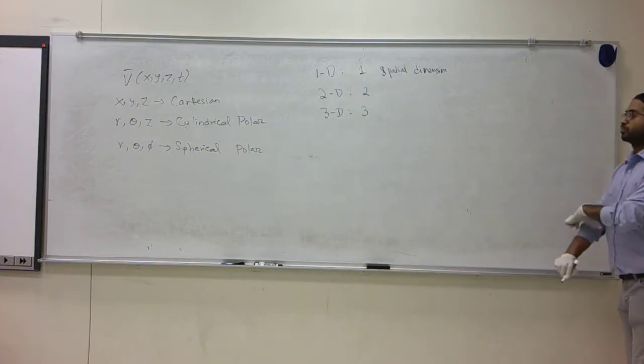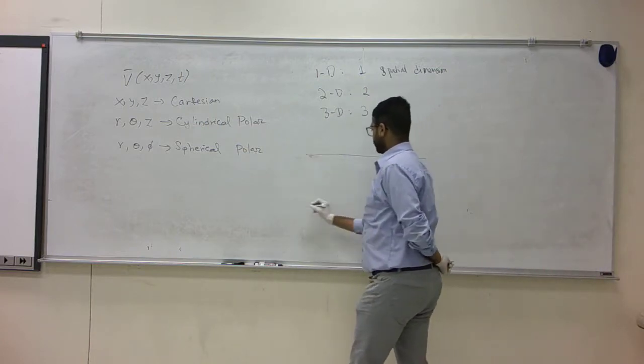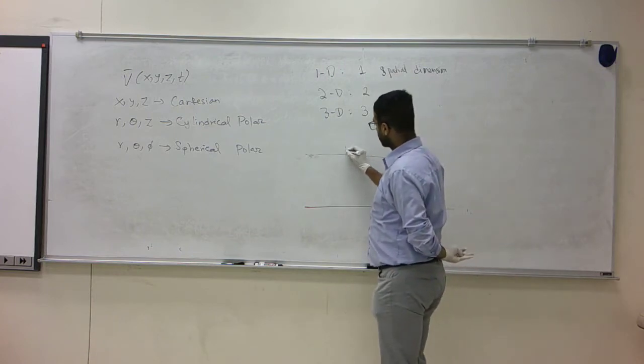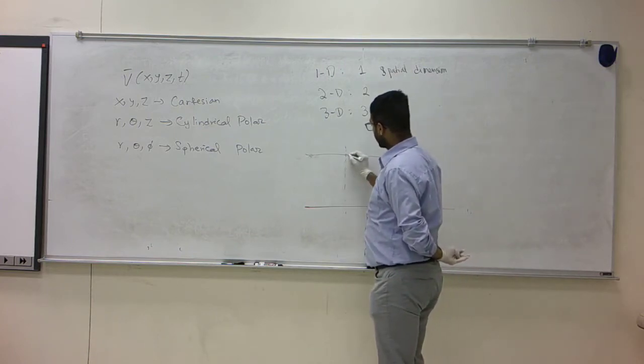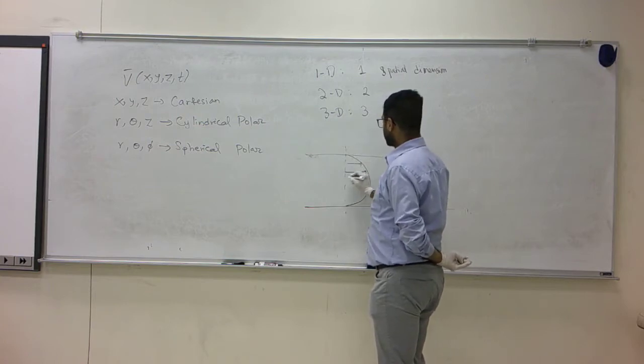Now think, for example, if you have a pipe flow, and then if you have a velocity profile, that you will see later that this velocity profile is parabolic.